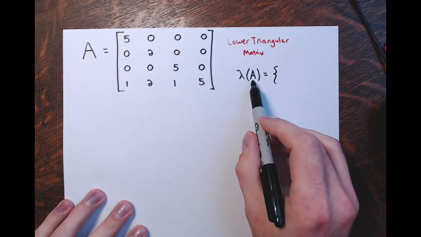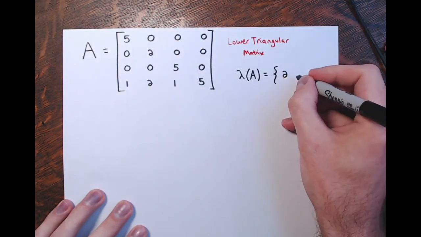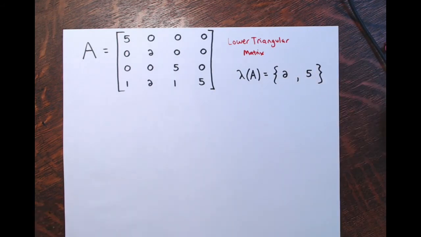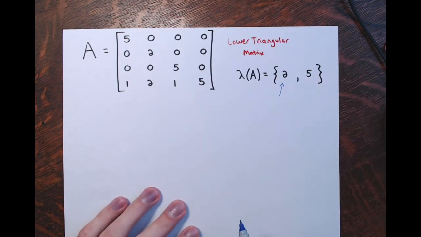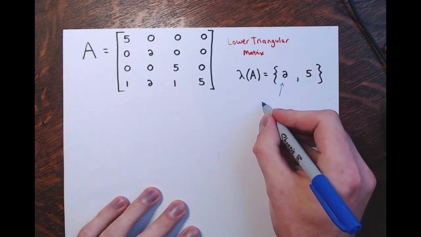So the spectrum of A, the set of all the eigenvalues, is 2 and 5. Now the algebraic multiplicity is just how many times that eigenvalue is repeated as an eigenvalue. So 2 only shows up once down here.